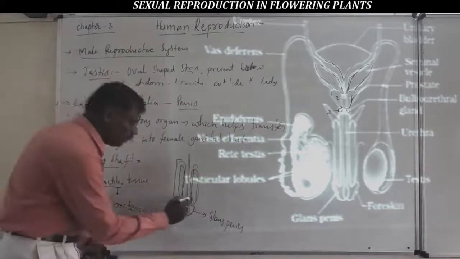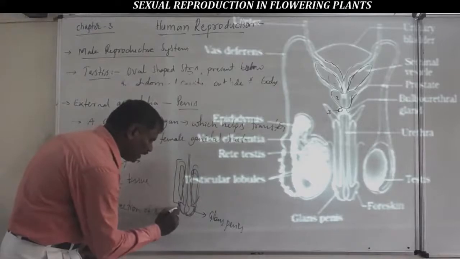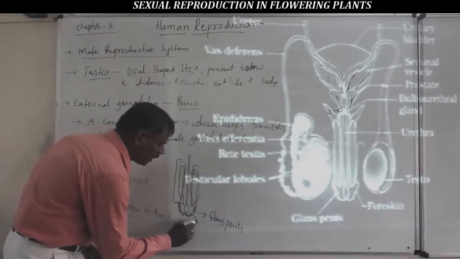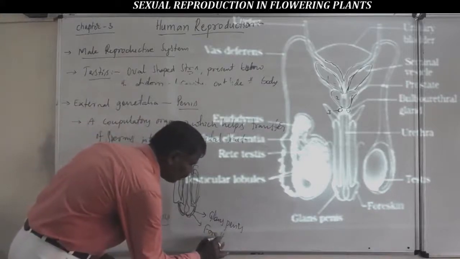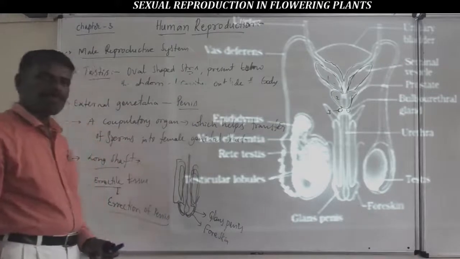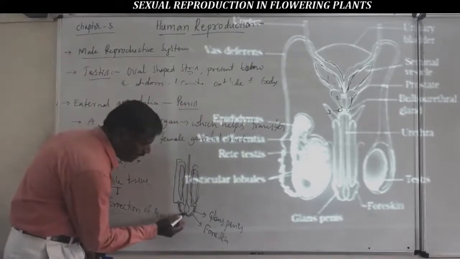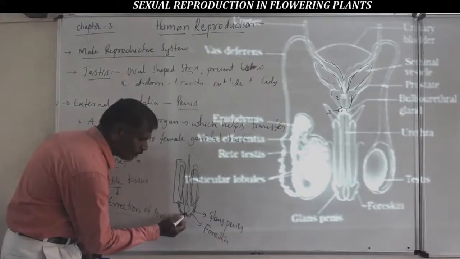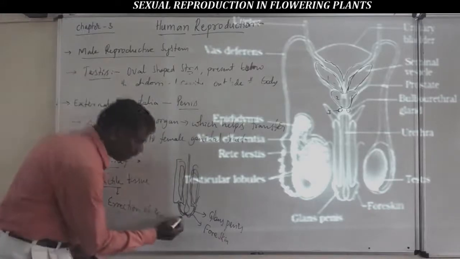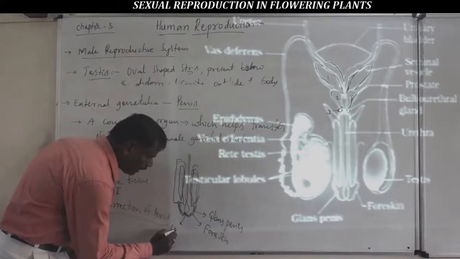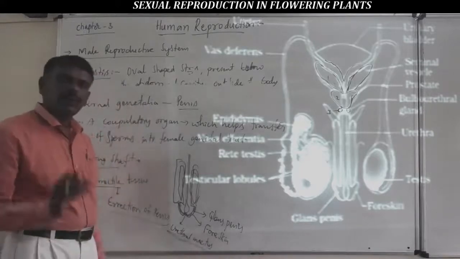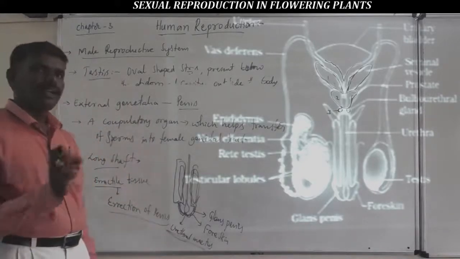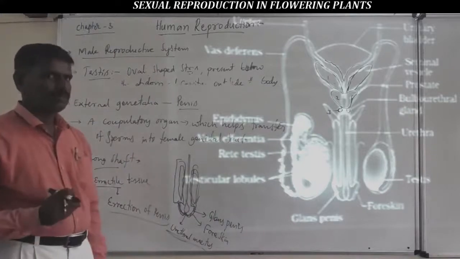This glans penis is covered with a folded skin, which is called foreskin. The end of the penis has a pore called urethral meatus. This urethral meatus releases the seminal fluid and also urine.